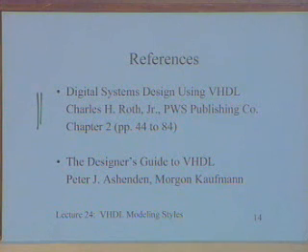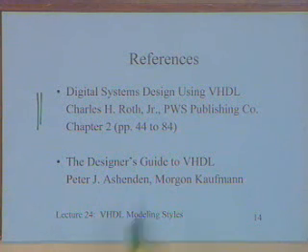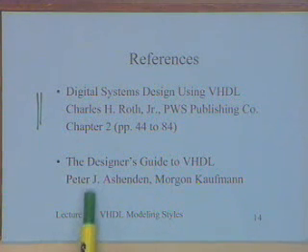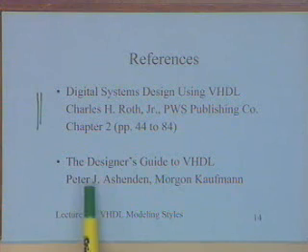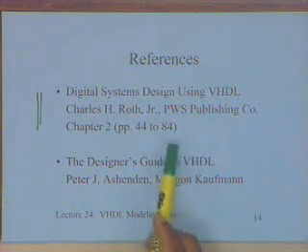Those of you who want to learn more about VHDL, this is a book by Ashenden, Morgan Kaufmann. Both of them are available, especially this one is available in an Indian low price edition. This one contains the designer's guide to VHDL, with all the details of VHDL. So this one is what we will refer to as far as this course is concerned, where we will talk about restricted VHDL. Okay, thank you.